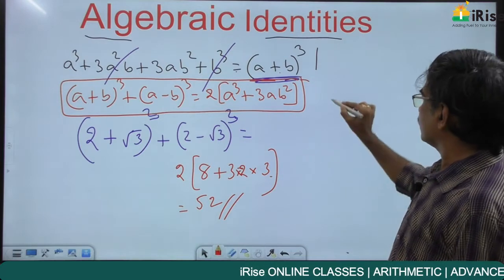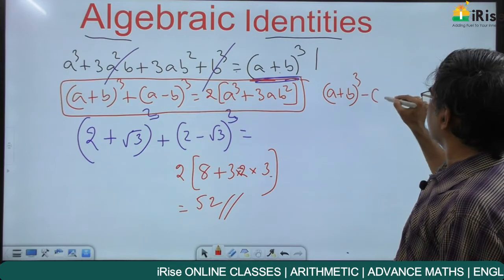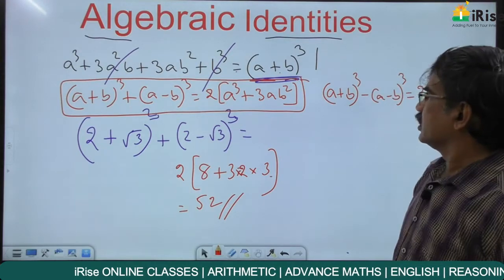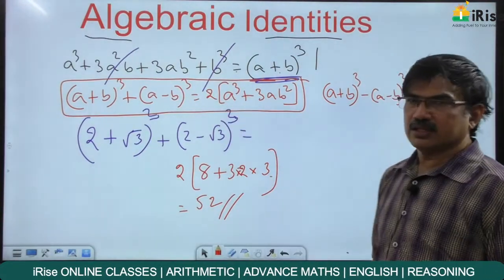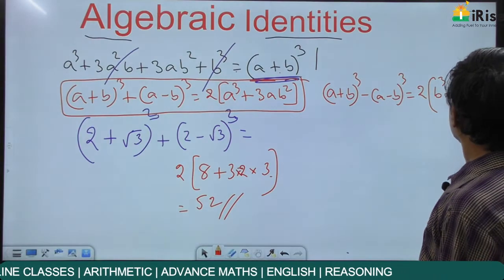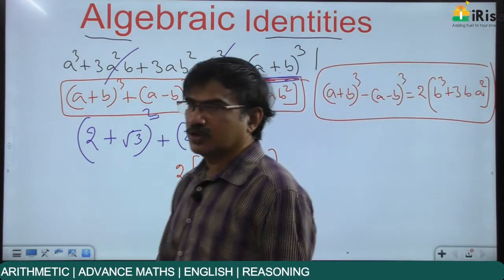Similarly, if we subtract, what do we get? If we subtract, the formula is (a plus b) whole cube minus (a minus b) whole cube is equal to 2 times, in the place of a we get b, in the place of b we get a, so nothing but (b cube plus 3b a square). See these two formulae.